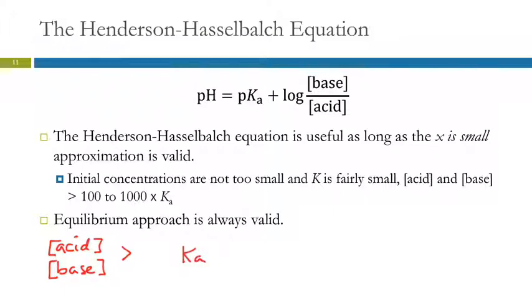And they should be like 100 times larger or 1,000 times larger. Okay, so twice as big isn't good enough. 10 times as big isn't good enough. They need to be significantly larger, which is the case most of the time.